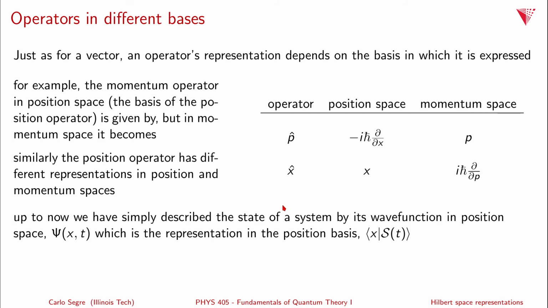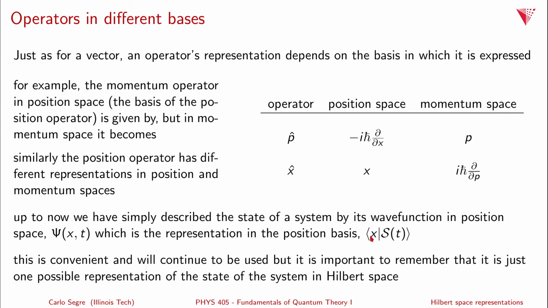So up to now, we've just described the state of a system by its wave function in position space. This is what we've been working with the entire time. But that's just one representation of the state of the system. It is the representation in the position basis. And that is psi of x and t, simply the inner product of the eigenstate of eigenvalue x projected onto the state at time t, for each of the potential eigenstates of x.